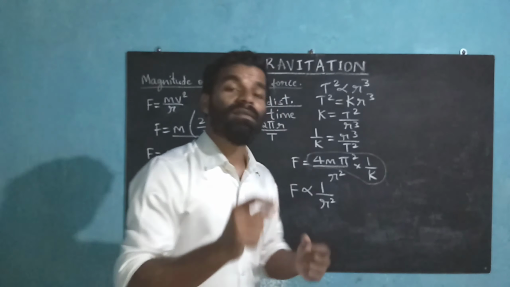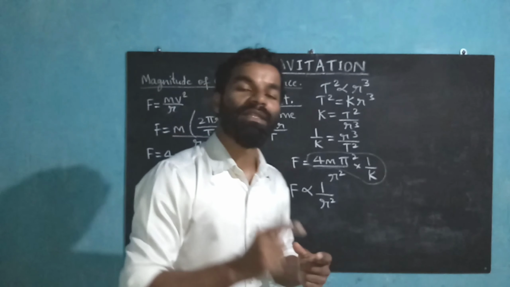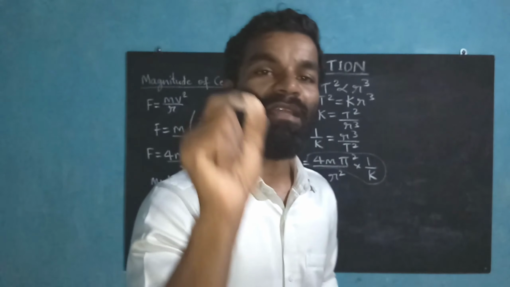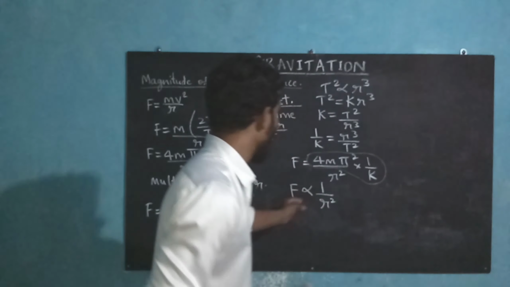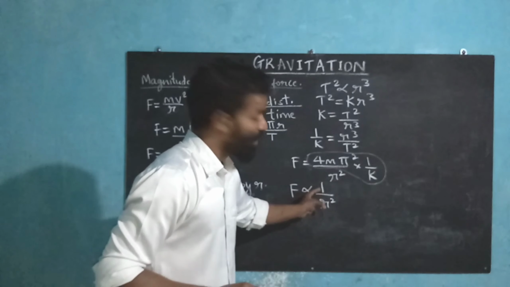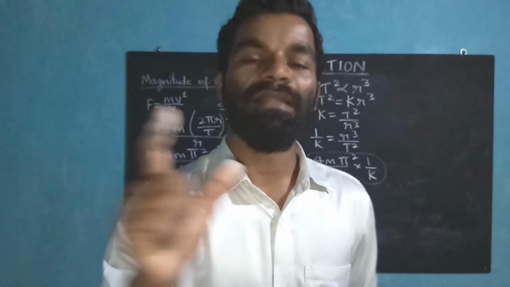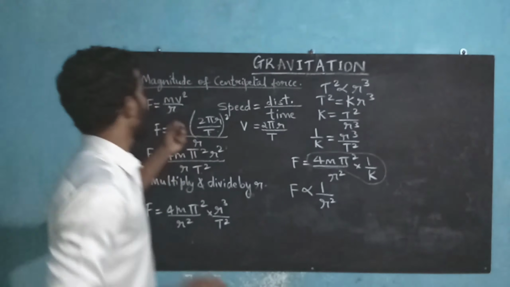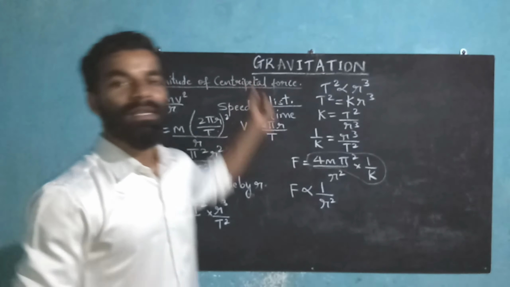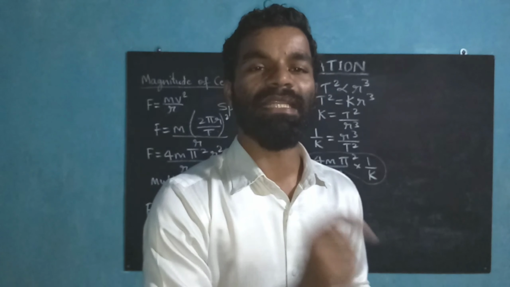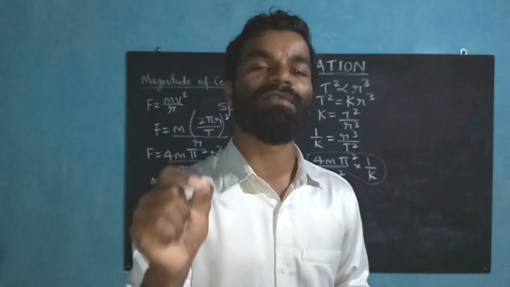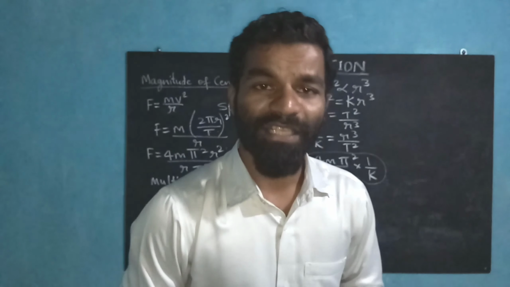So the force depends only on the distance between the planet and the sun. Newton had taken the help of Kepler's third law to get this relation, and this is called the inverse square law of gravitation.